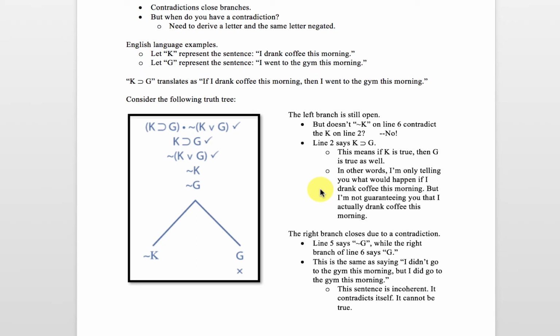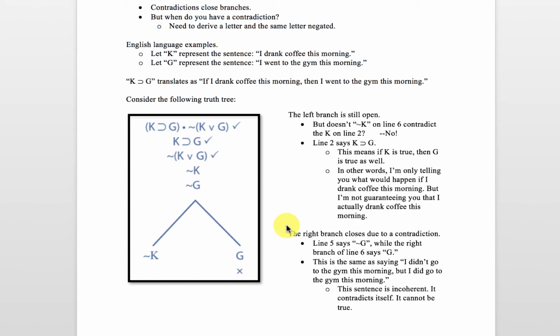But if I phrase it like that, notice I'm not guaranteeing to you that I actually drank coffee this morning. And that's the semantic reason why not K, that is, it's not the case that I drank coffee this morning, does not contradict the sentence, if I drank coffee this morning, then I went to the gym.